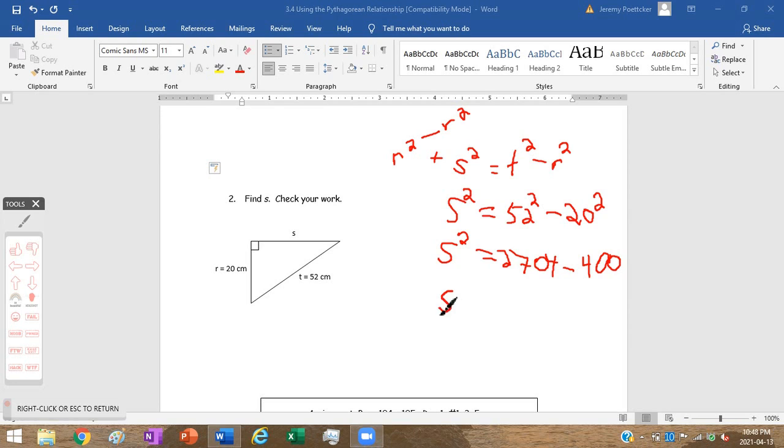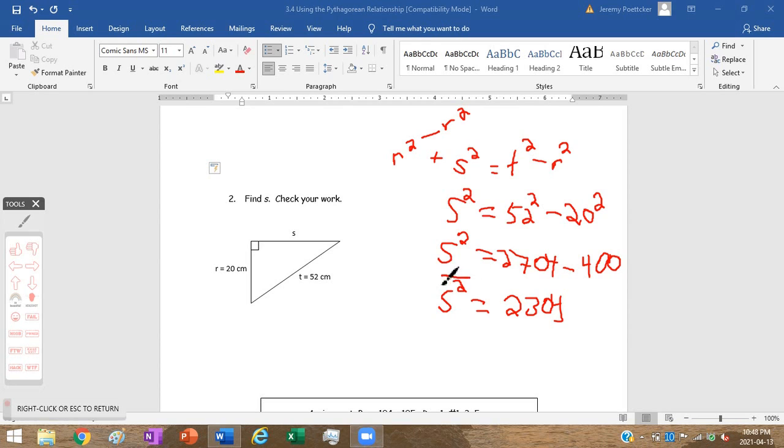All right. Hey, I can do this subtraction in my head. S squared is then going to be equal to 2,304. Again, that many centimeters squared would be the size of the square that I could make on side S.